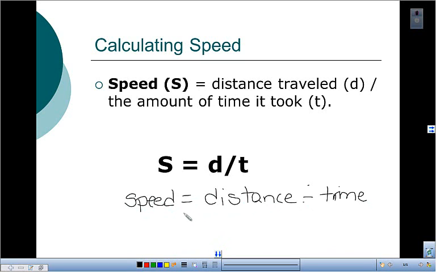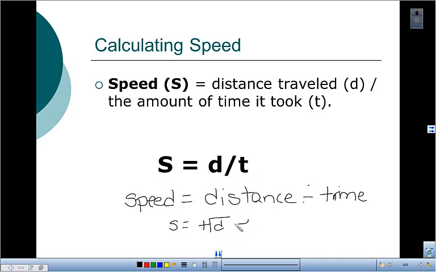If you were going to calculate this outside of using the calculator, it would look like speed equals distance divided by time. Make sure you write all of these different choices in your notes so that you can use them.